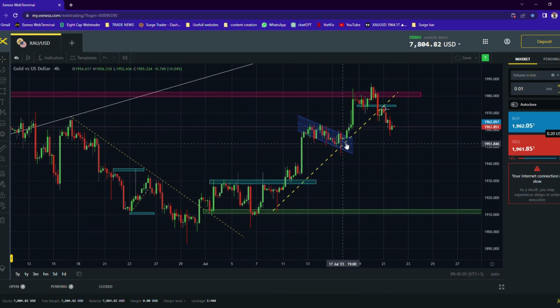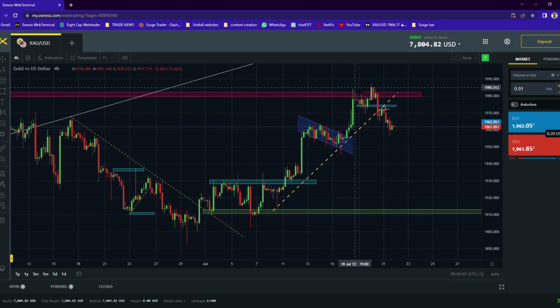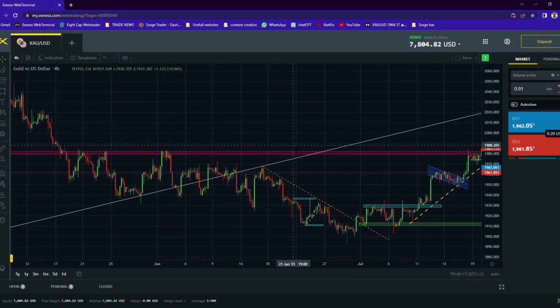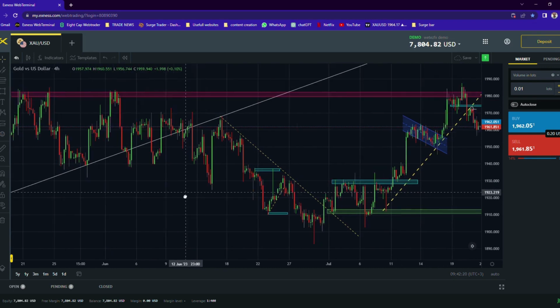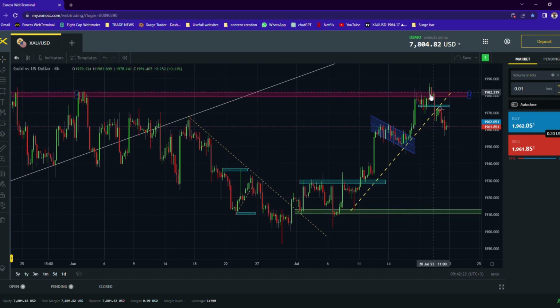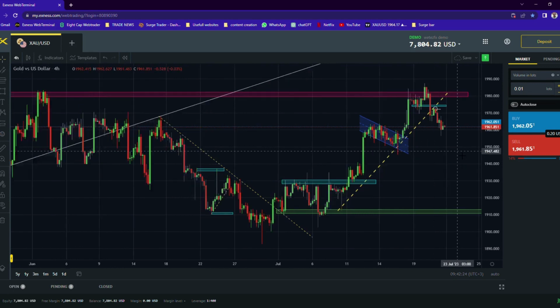Move to the upside, flag, break of the flag, and a continuation to the upside up to the zone of 1980. That zone was created way back in May and June, and it is creating another opportunity right here.